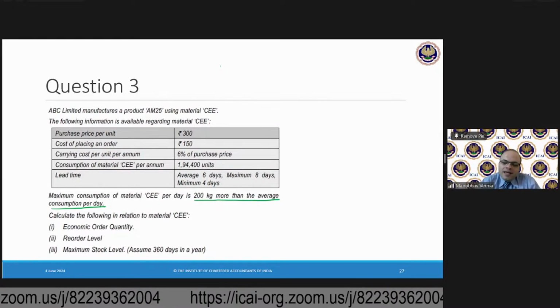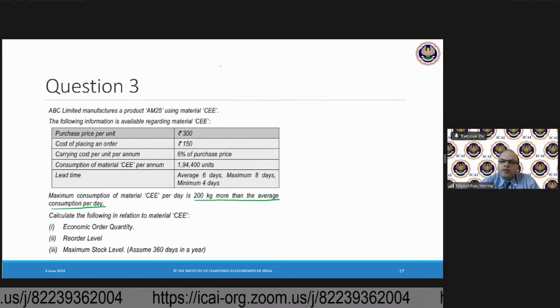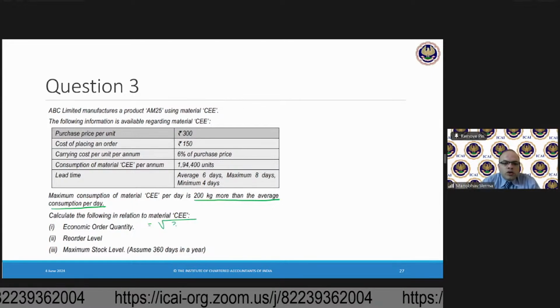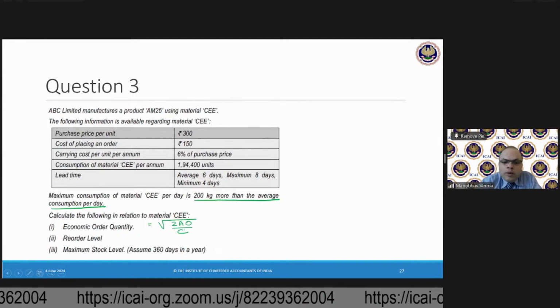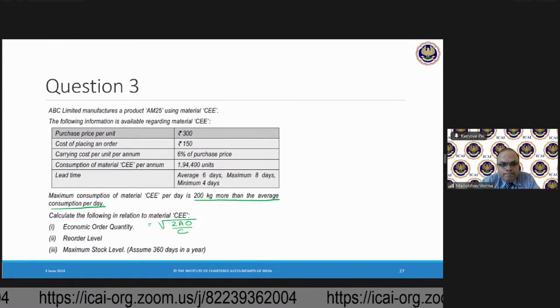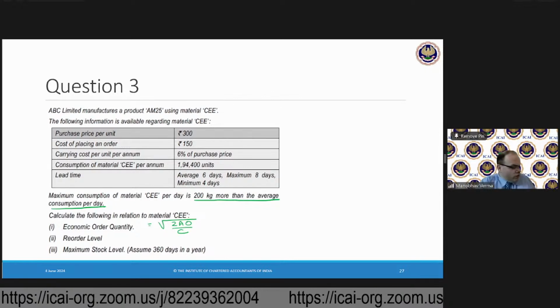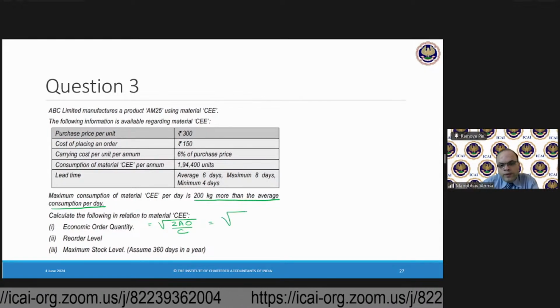Of course, everyone understands from a formulation perspective, if we have to calculate the EOQ, we are talking about the square root of 2 into annual consumption into ordering cost upon the carrying cost per annum. So let's see if anyone wants to give me the answer for the EOQ part. I can quickly help here though.